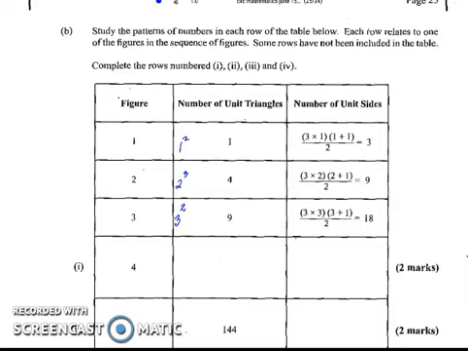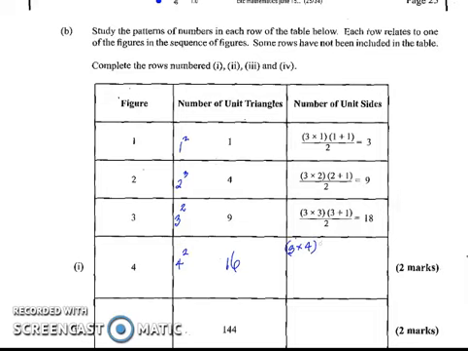All right, so for I, which is the fourth figure in the sequence, it's going to be 4 squared, which is 16. And then the pattern is 3 first, then multiplied by the figure number, which is 4.